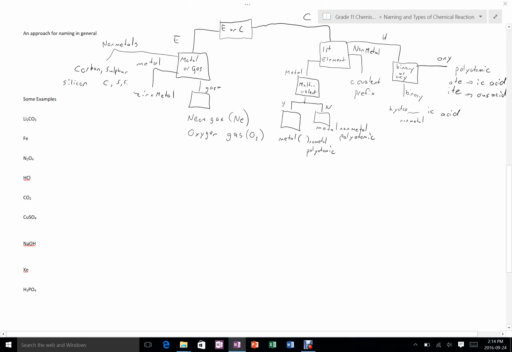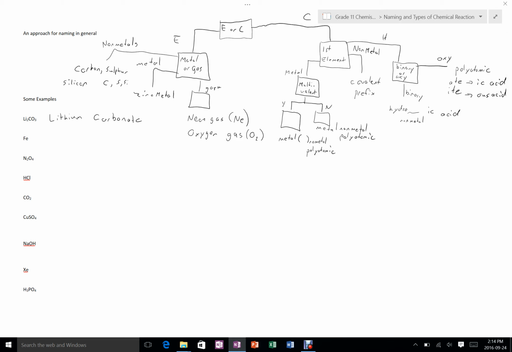So first one, element or compound? That's a compound. The first one's a metal, it's lithium, and lithium is not multivalent. So we get down here, and we call that one lithium, no brackets, not multivalent, carbonate. Fe, standing by himself. He's an element.